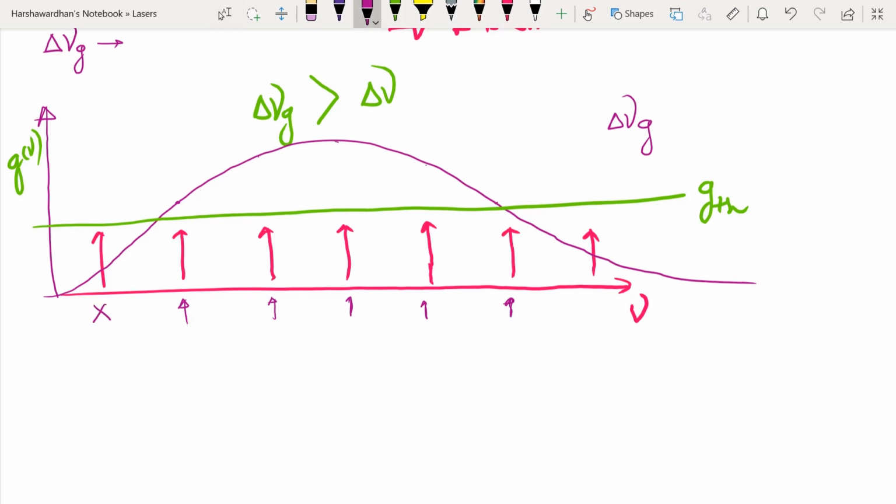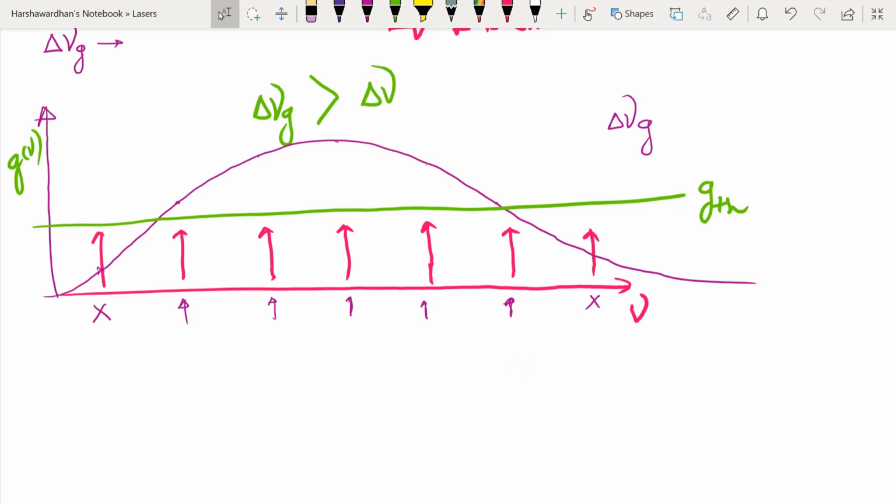Whereas frequencies such that the gain is lower than the gain threshold, for example, this frequency to the left and this frequency, and all such frequencies which are below the gain threshold, are not going to oscillate, right? So clearly now you have multiple frequencies trying to oscillate under the gain curve.